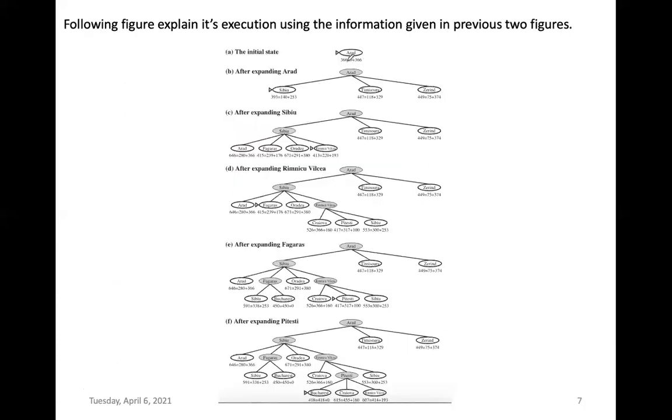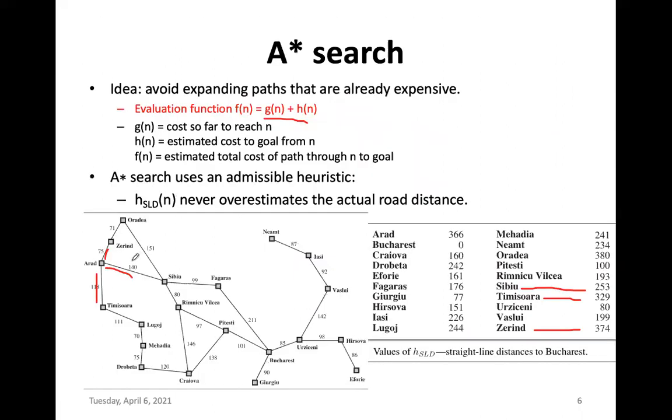So from Arad, I have three options: Sibiu, Timisoara, and Zerind. The g of n of Sibiu is 140 from Arad to Sibiu.